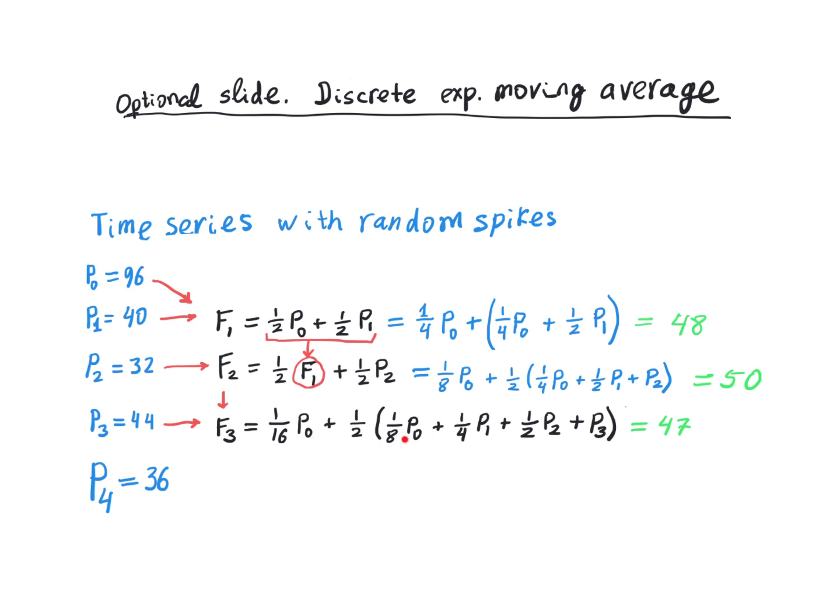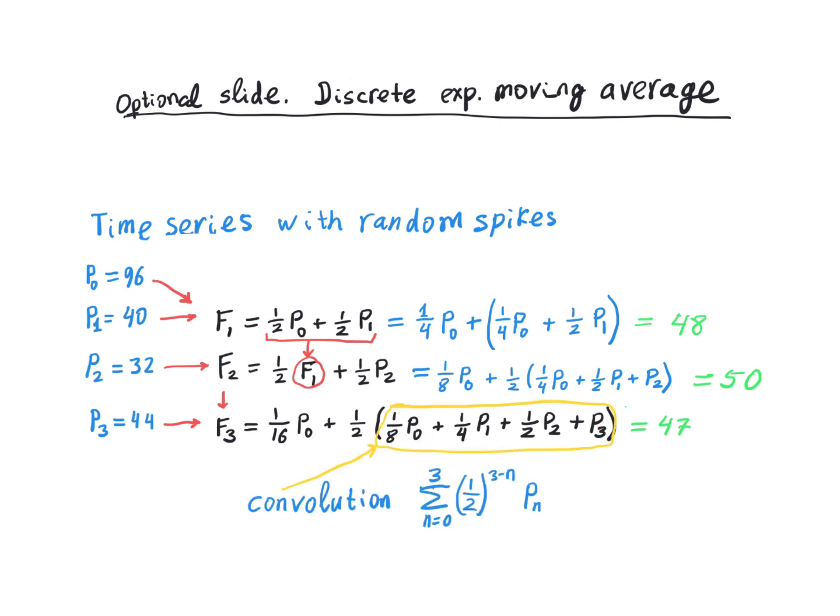So we are getting a new number. What's interesting is the expression in the parentheses that we get. You can write it in compact form as a summation from n equals 0 to n equals 3 of the terms which consist of Pn and the weight 1/2 raised to 3 minus n.